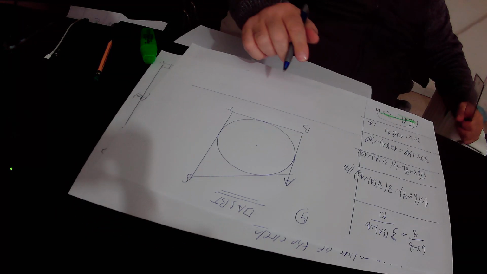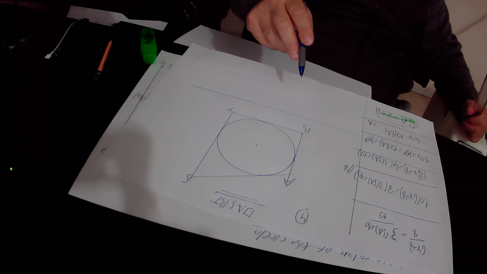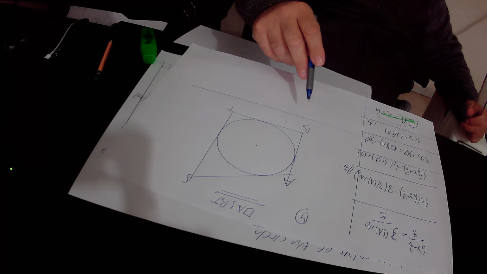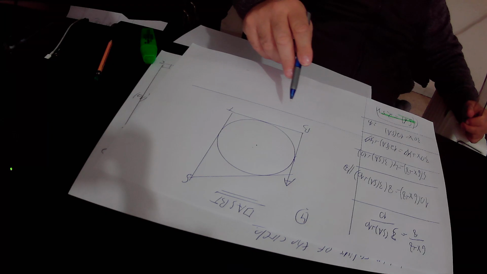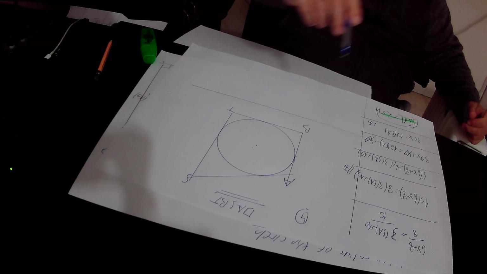So actually, this is quadrilateral ASBT that I got from the original drawing. This circle is inscribed by quadrilateral ASBT.